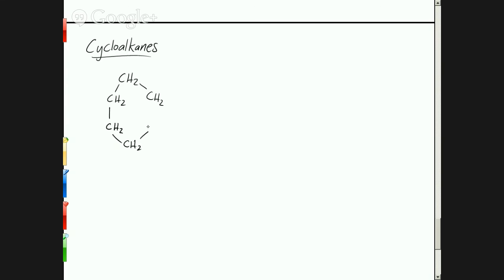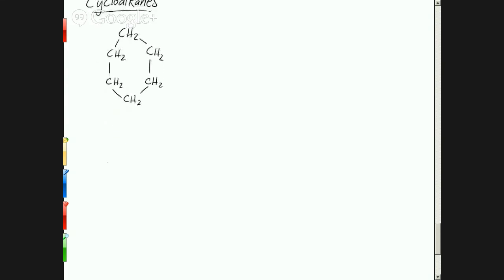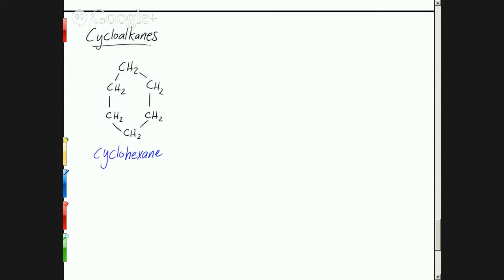Isn't hexane kind of like a cycloalkane? Yeah. If they're all connected together in a ring, this is now known as cyclohexane. And notice it doesn't have the same formula as hexane, so it's not an isomer. It's a totally different thing.